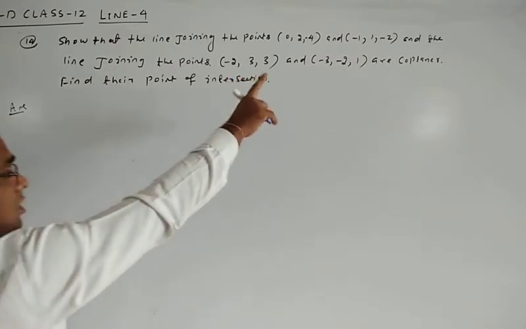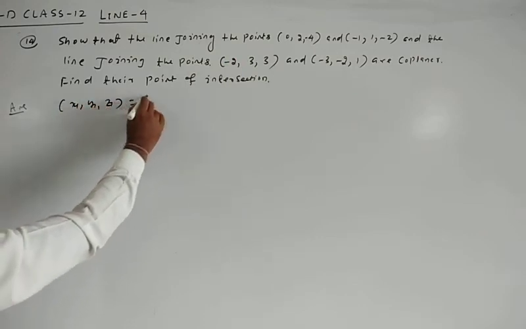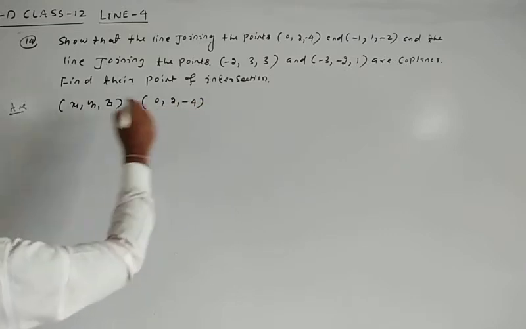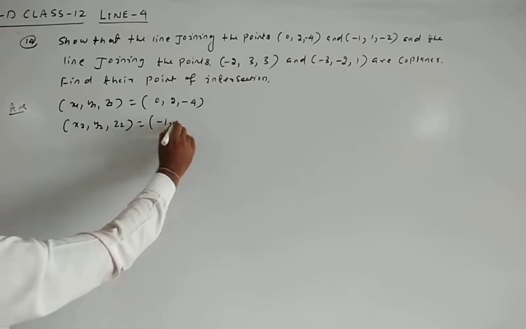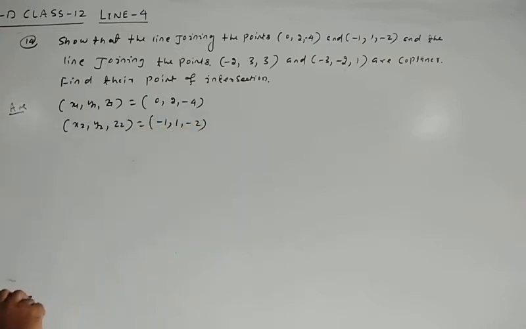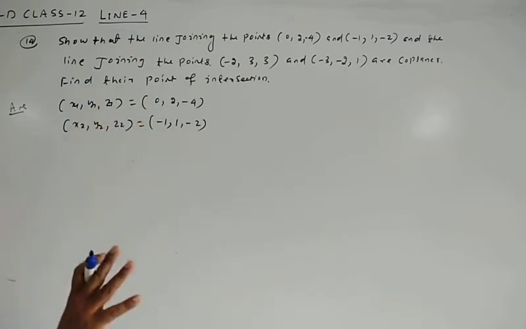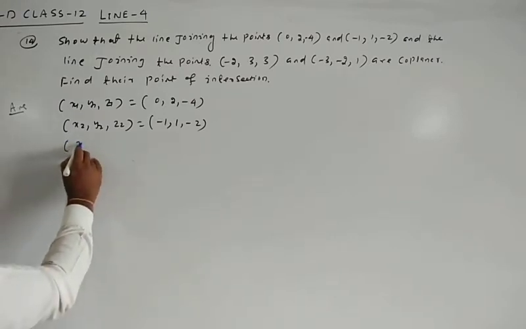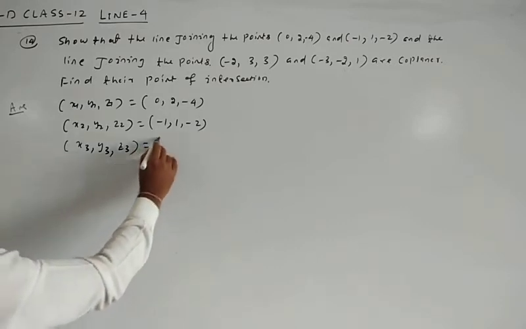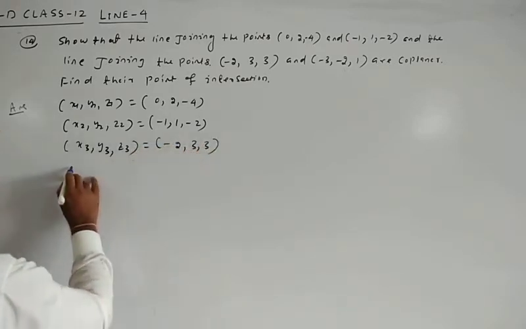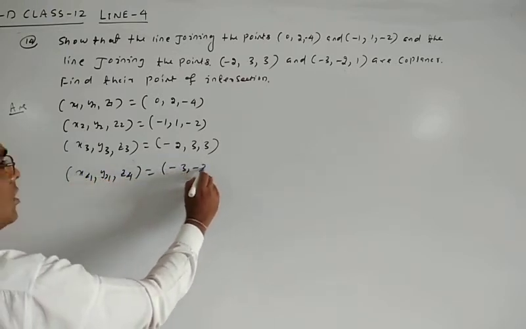First we take this one as x1 y1 z1 and this is x2 y2 z2. x1 y1 z1 equal to 0, 2, minus 4, then x2 y2 z2 equal to minus 1, 1, minus 2. First we show that these 4 points are coplanar, which is the same thing as two lines being coplanar. x3 y3 z3 is equal to minus 2, 3, 3 and x4 y4 z4 is equal to minus 3, minus 2, 1.